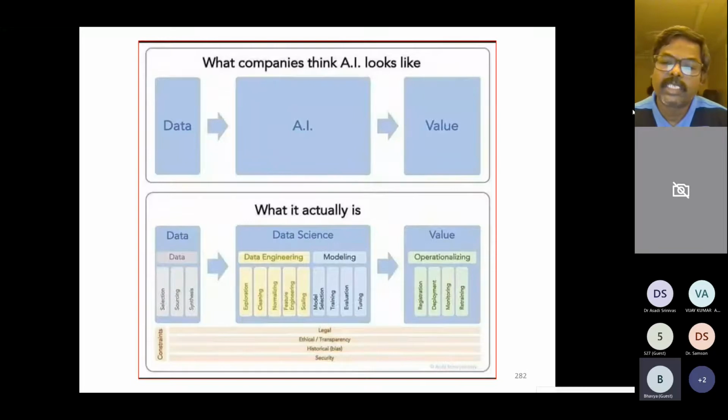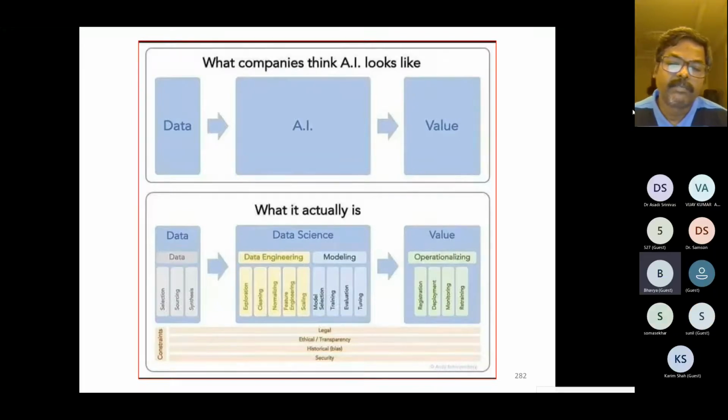Operationalizing, you can call it deployment and monitoring, and then the retraining, by using legal, ethical, transparency, and security considerations. This is the industry perspective AI explanation.